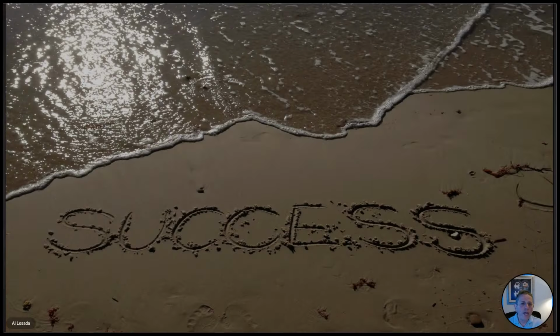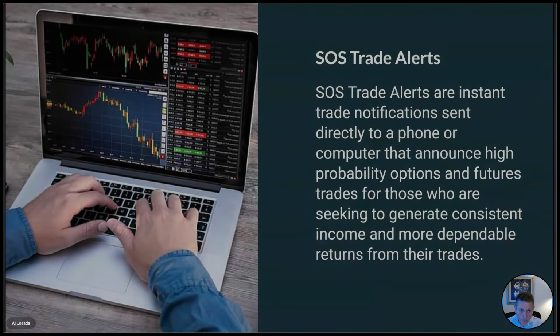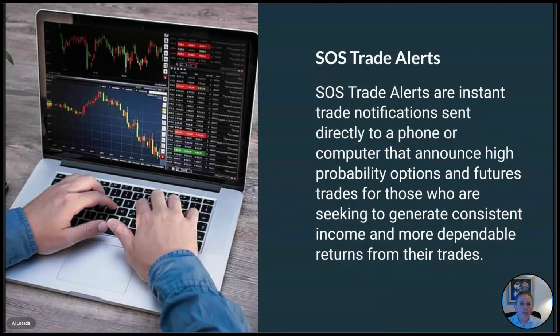So we have a trade alert service that works really well, and I have it automated for the most part. Those signals come through very clear, and we have two different types of scenarios. One is for two-way communication, and the other is just one-way communication.